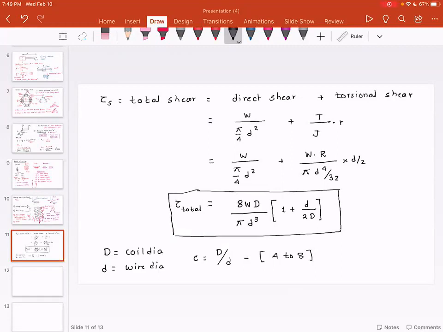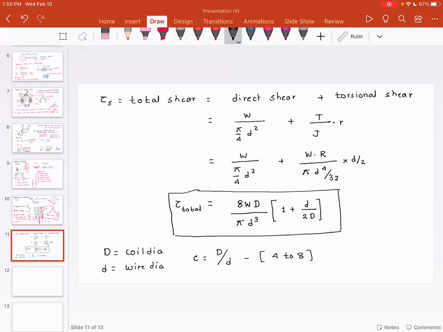Now we need to look at the design procedure for the spring. The classic design procedure for a spring is based on two parameters. One is the stress criterion: we have to make sure that the spring is safe in shear.